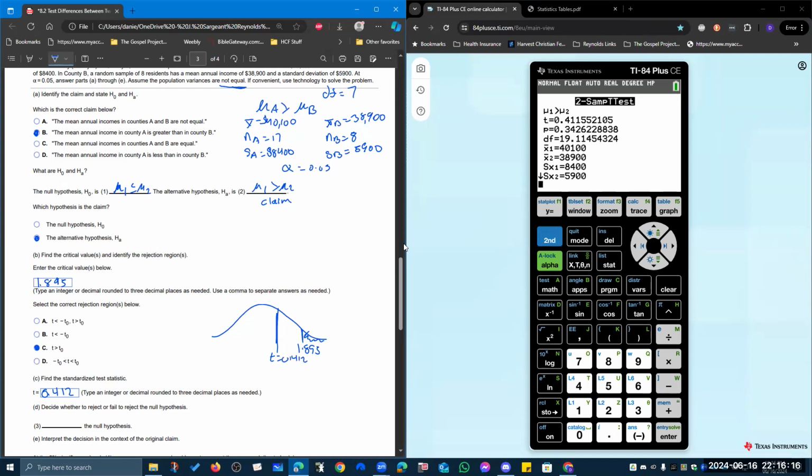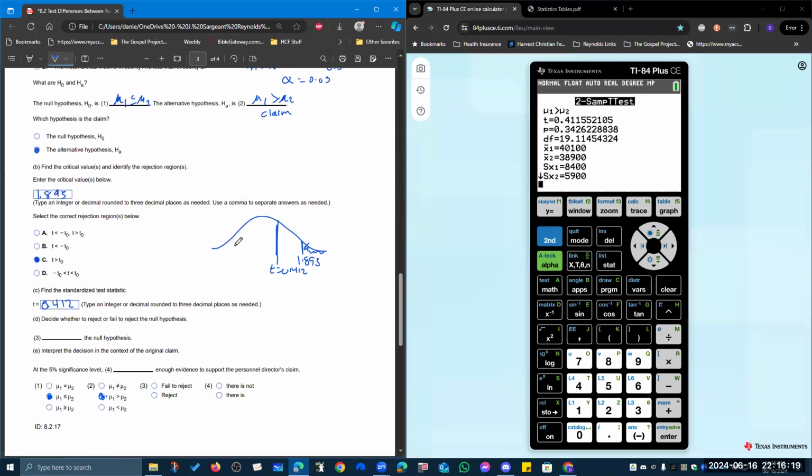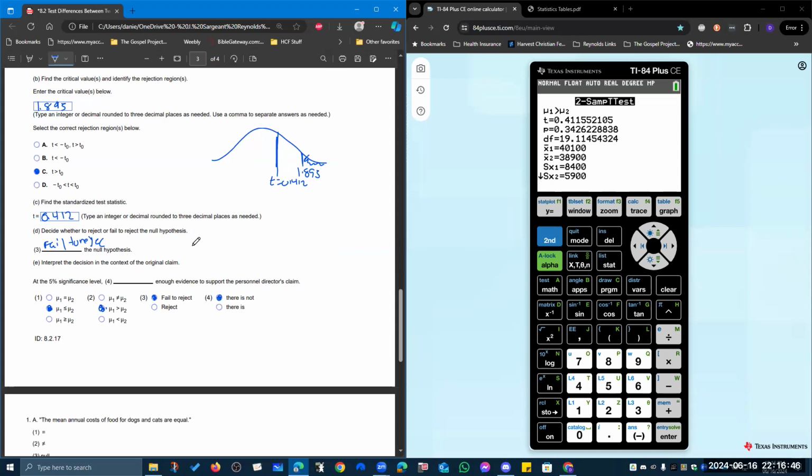So we are going to fail to reject the null hypothesis. And there is not enough evidence to support the claim. The claim was in HA. We did not reject H0. So not enough evidence to support the claim.